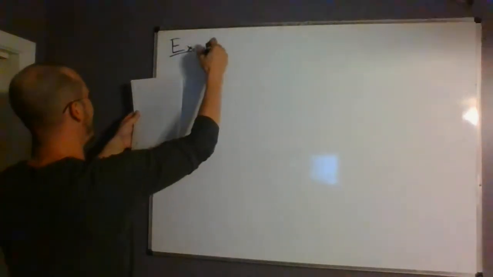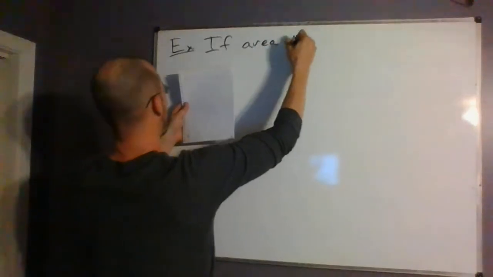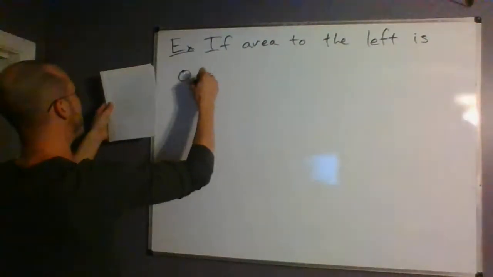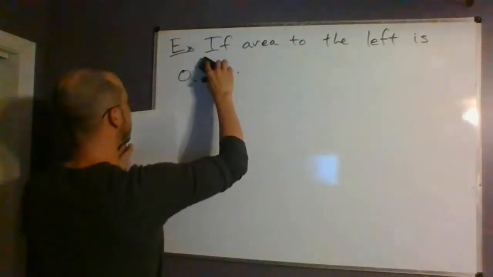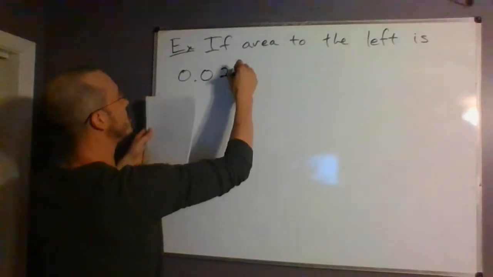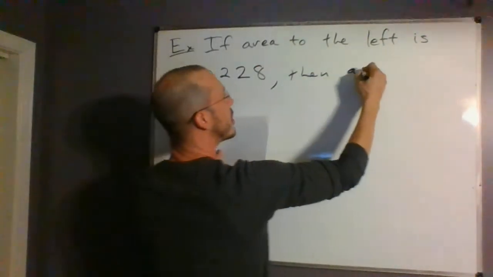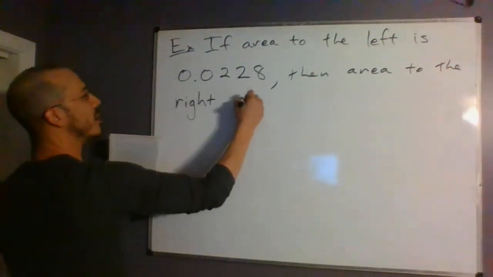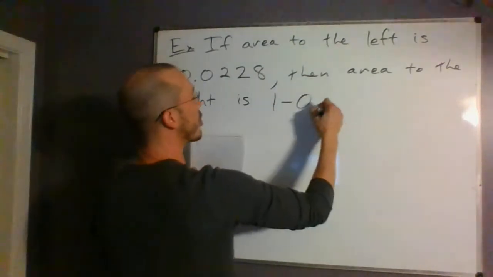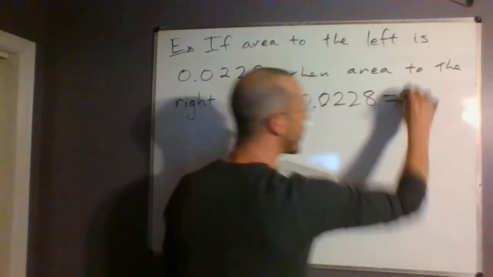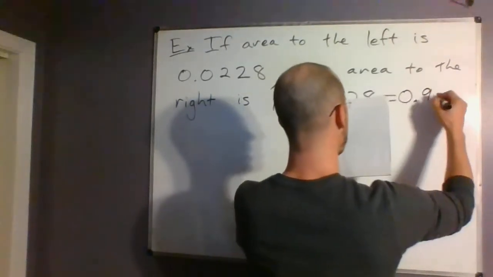I'll draw a picture when I'm done, but as an example, if the area to the left is 0.0228, then the area to the right is 1 minus 0.0228, or 0.9772.